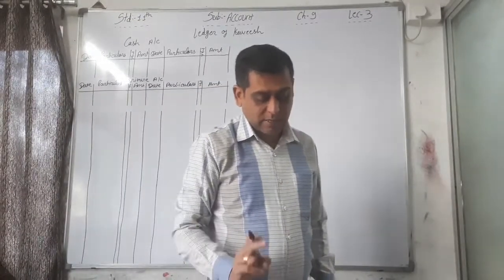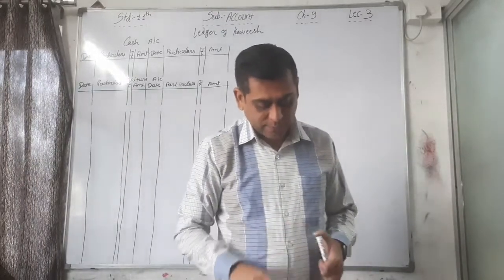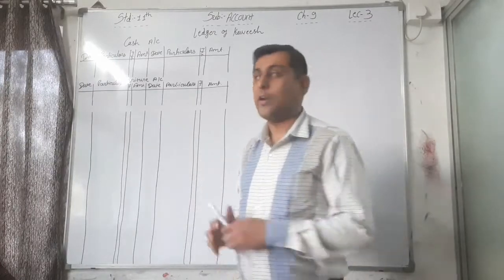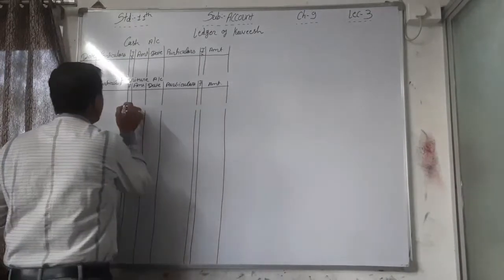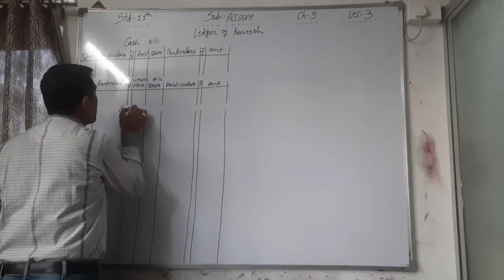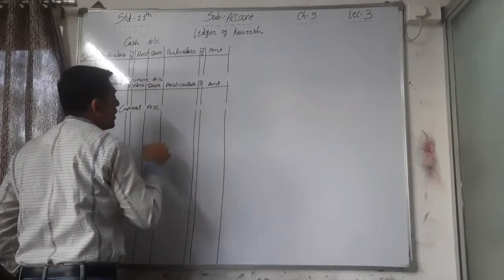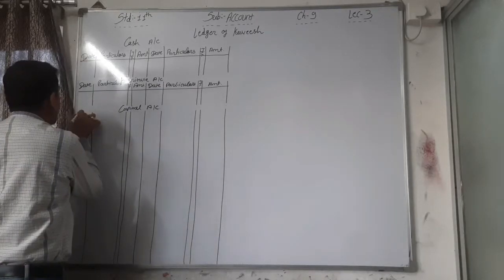Then capital account. See, capital account in the first entry, then second no, third no, fourth no and fifth no. Only one entry for the capital account is there. That's why we have to prepare the capital account for 2 lines because these 2 entries are recorded on this side. So only 2 entries.